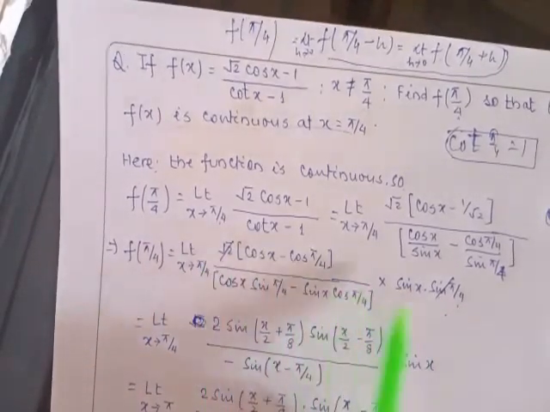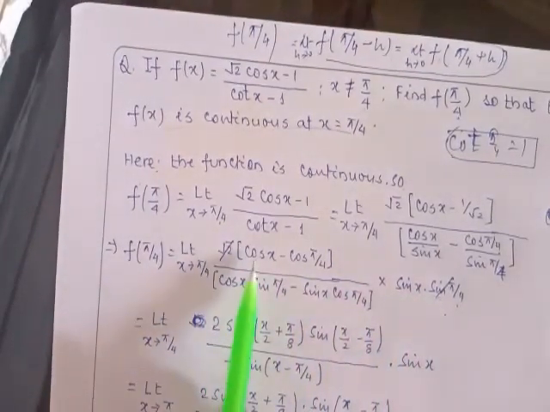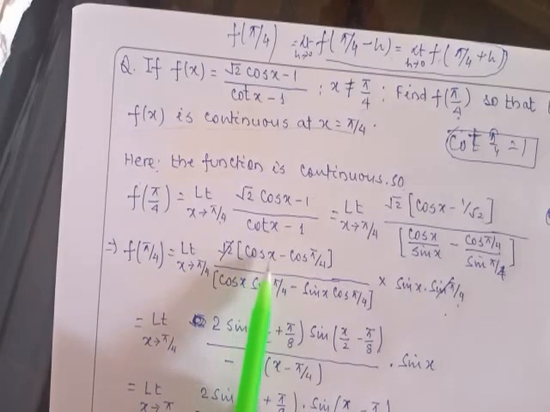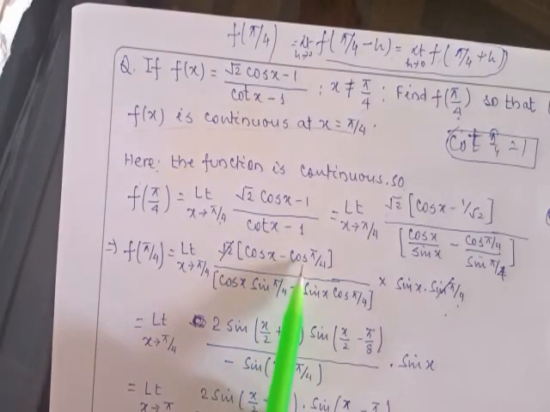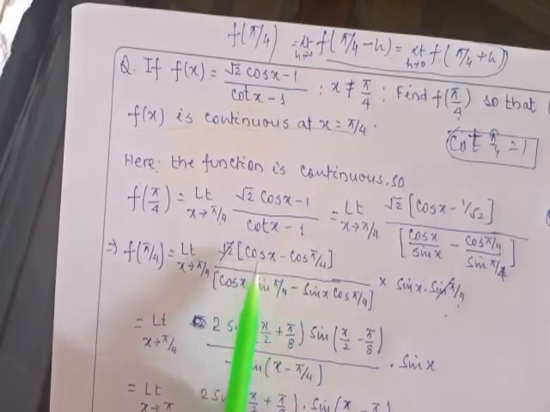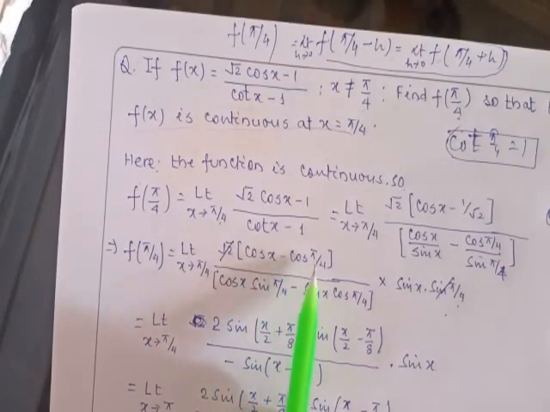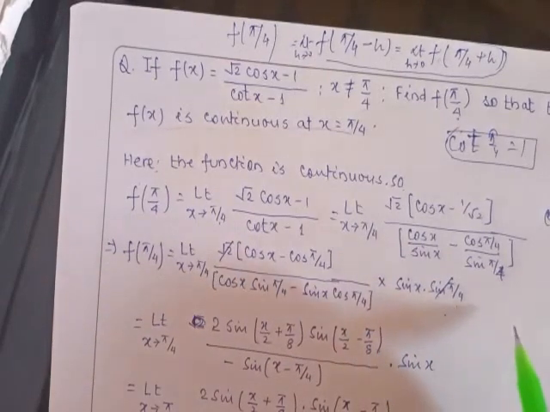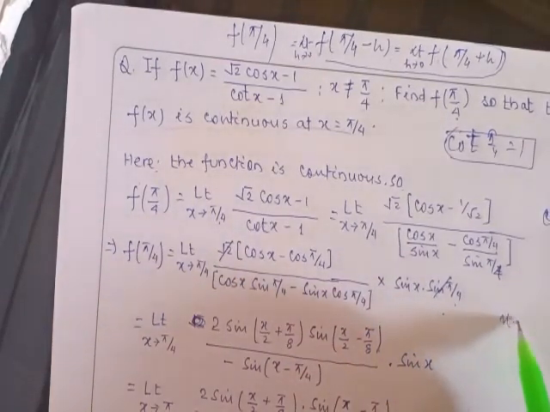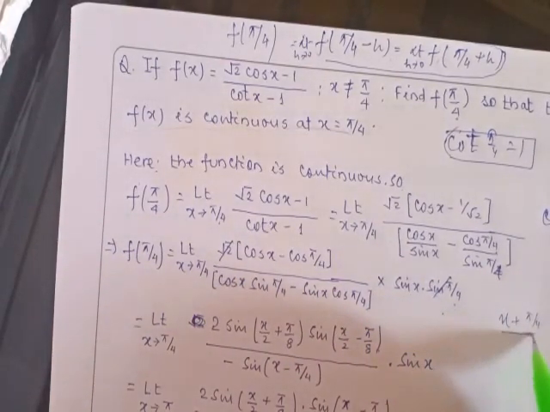So first cancel it. Now apply the formula cos C minus cos D, which you have read in standard 11. 2 sin (C plus D by 2). C plus D by 2 means x plus pi by 4 by 2.